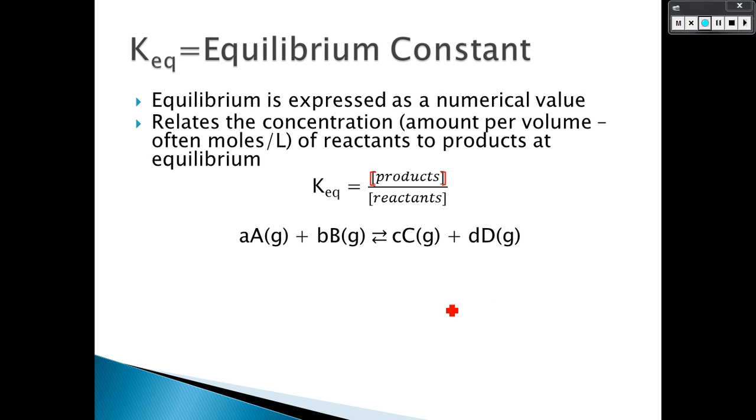If I have this reaction where the capital letters A, B, C, and D are my compounds, and the lowercase letters a, b, c, and d are my moles, so I have a moles of capital A, b moles of capital B, yielding c moles of capital C, and d moles of capital D. This would be like a double displacement reaction, maybe.